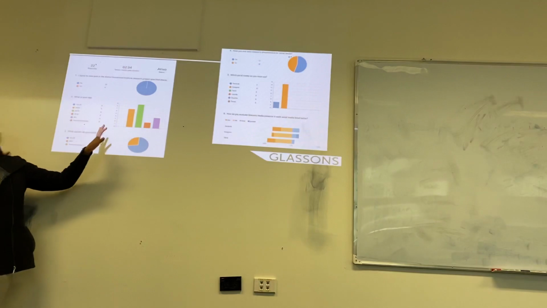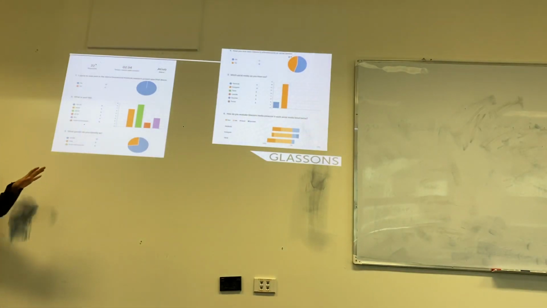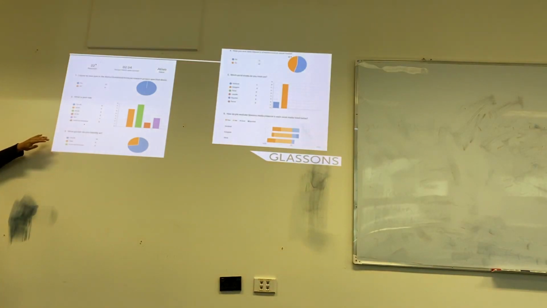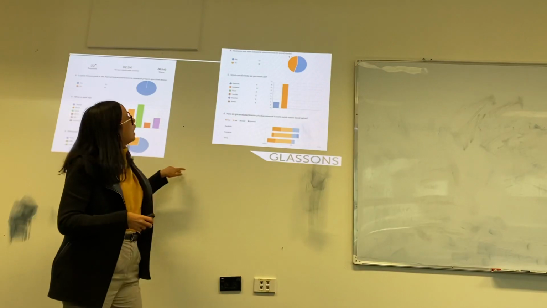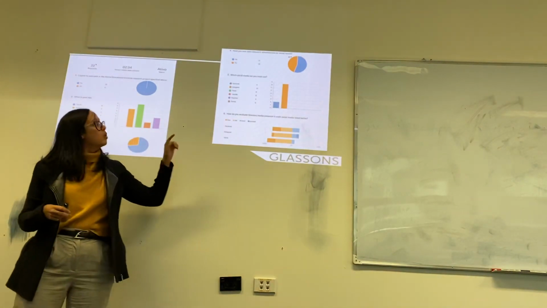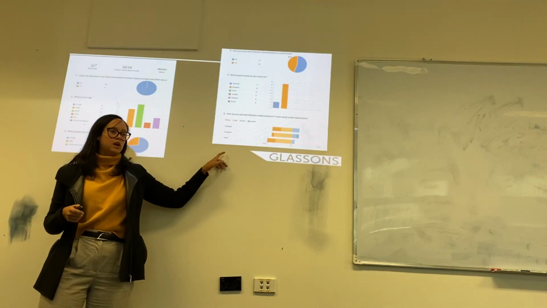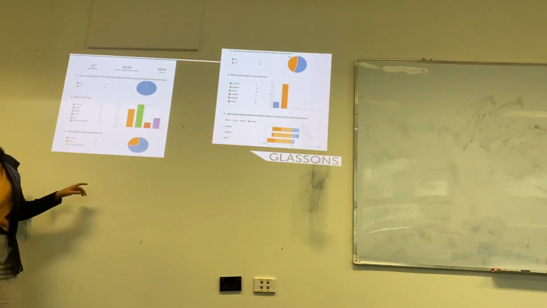So here we have the questions we applied. First we asked them to guarantee that they will be part of this project. We asked their age. I'm gonna pass briefly here because I will discuss it later on. We asked their gender, if they use social media, which one they use most, and how they evaluate Glassons' social media.